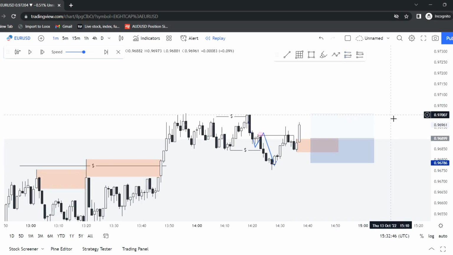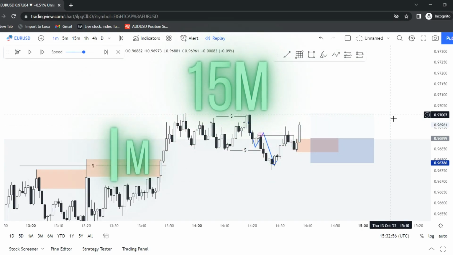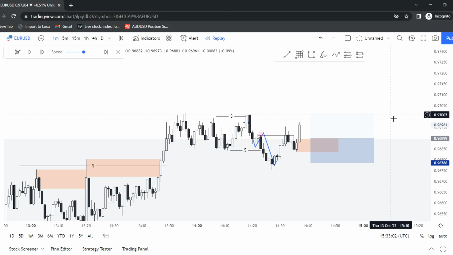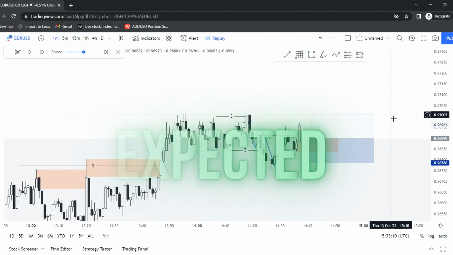Now if I have to recap my reasons for taking this long, it was because price came down into a 4-hour demand zone, after a high impact news which made some imbalance on the 15-minute zone. Now, as I've said before in my findings, once price leaves an imbalance, it just retraces back to it sooner or later.